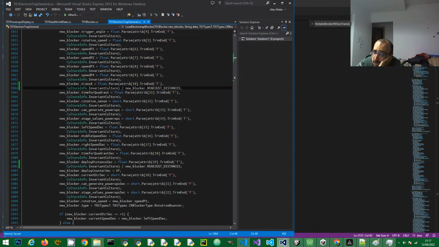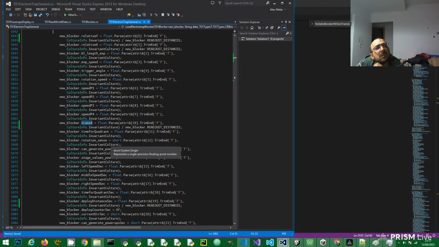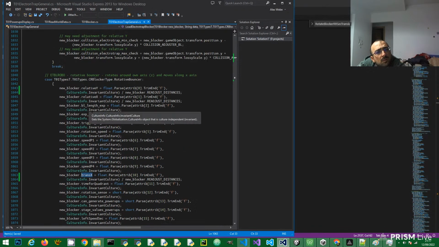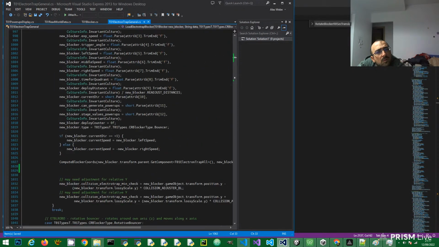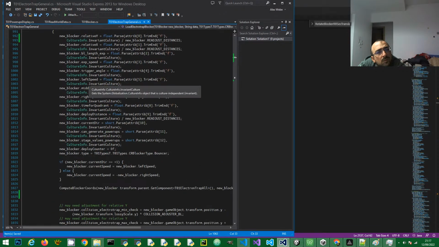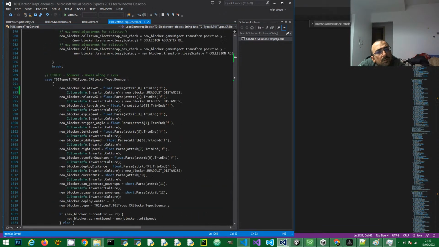I don't know what this one is, but it's probably another translation upon the X and Y axis. Deploy distance, good. Readjusted the expand speed, good.